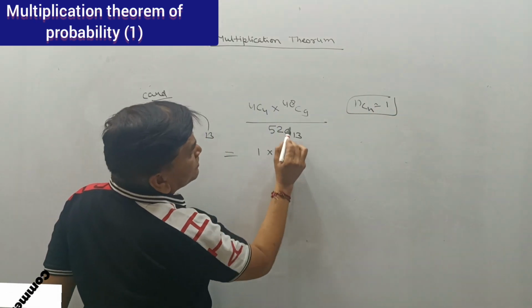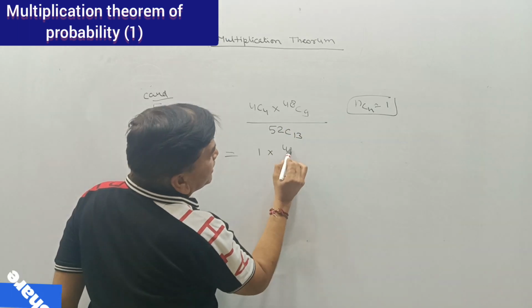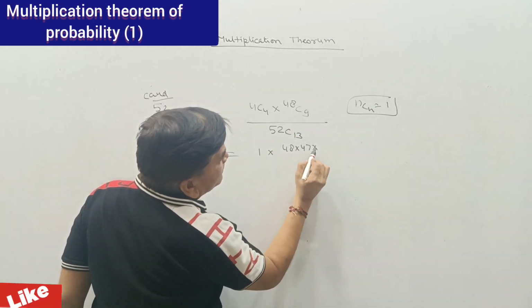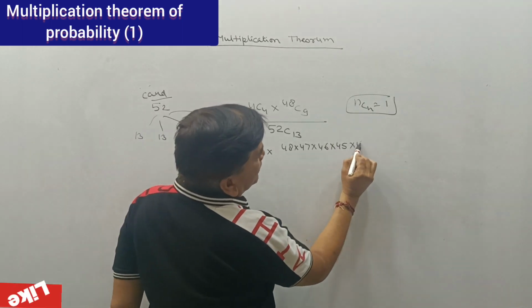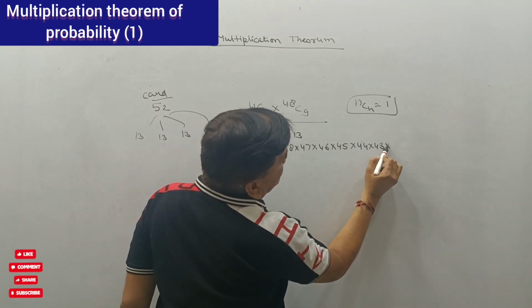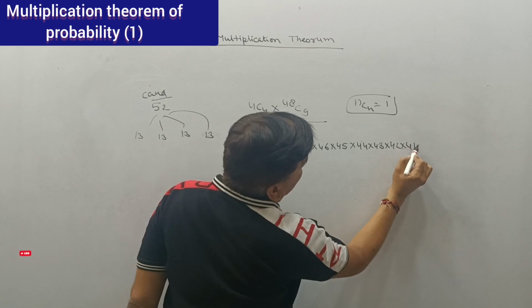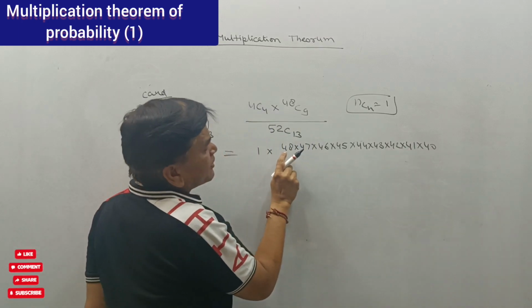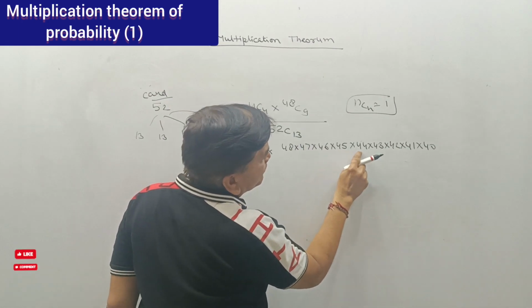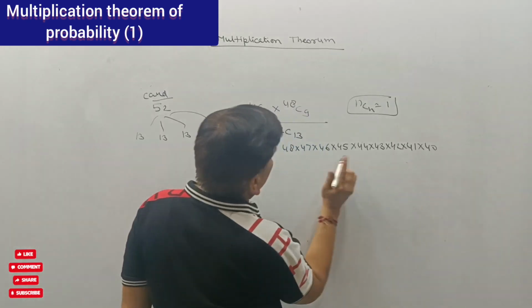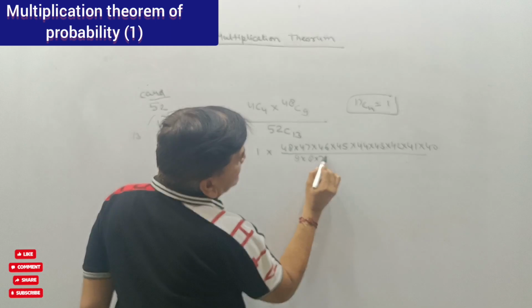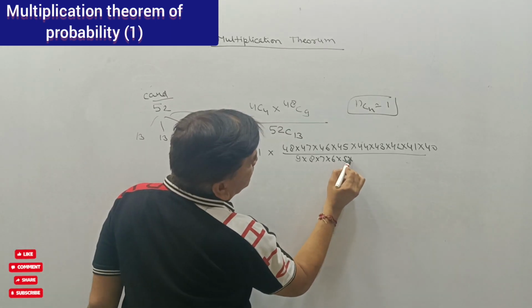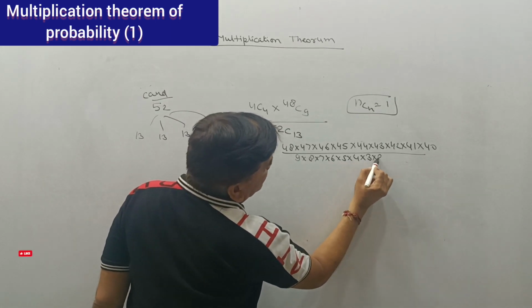Now 48C9 is 48 multiply 47, multiply 46, multiply 45, multiply 44, 43, 42, 41 and 40, nine terms, divided by 9 multiply 8, multiply 7, multiply 6, 5, 4, 3, 2 and 1.